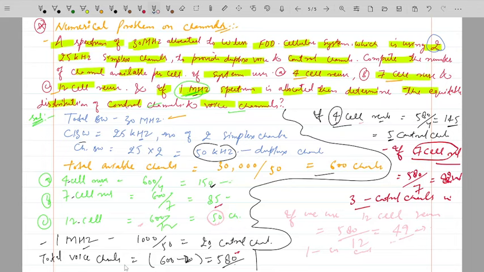Similarly for the 7 cell case, out of 85, 82 are voice channels and 3 are control channels. So in every cell in a 7 cell cluster, 82 voice channels are allocated, and 3 control channels are allocated. And that's all for this numerical problem.